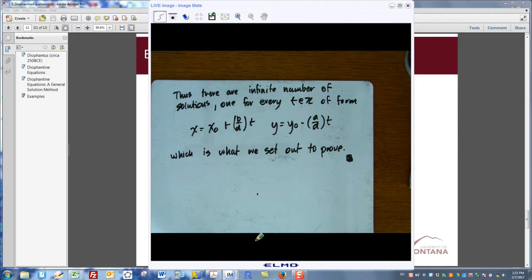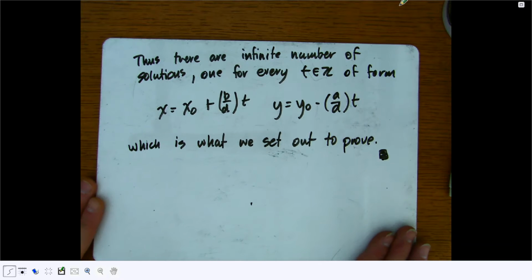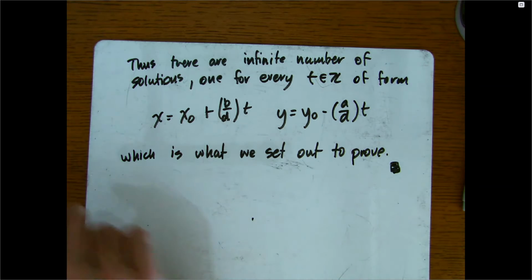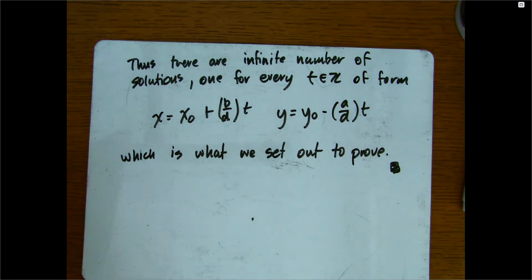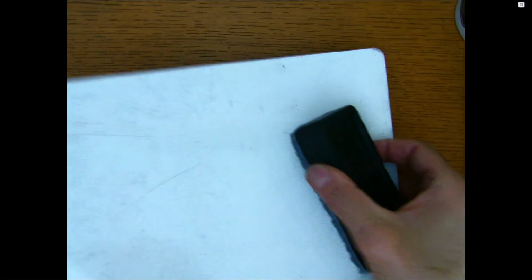All right, well, I better make that bigger. Okay. All right, so let me get some new space out here. All right. So 15x plus 21y equals 261.